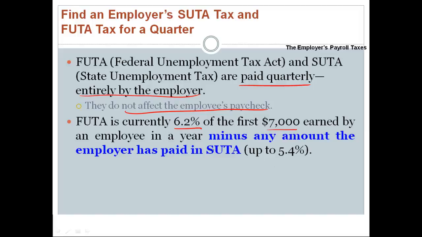And if you live in a state that has state unemployment, and most of them do, but not all of them, then if they collect for state unemployment, they get a credit up to 5.4% for the federal. So if they're paying 5.4% to the state, they're only going to be paying 0.8% for federal. And you'll see how this works in the example.